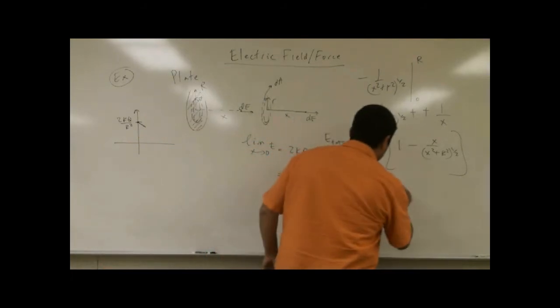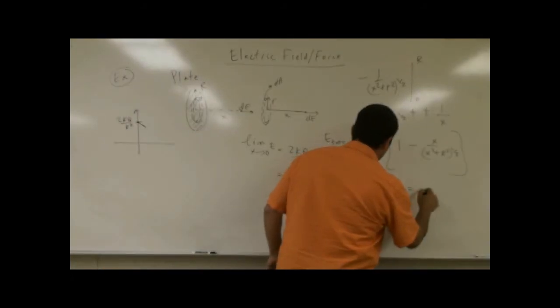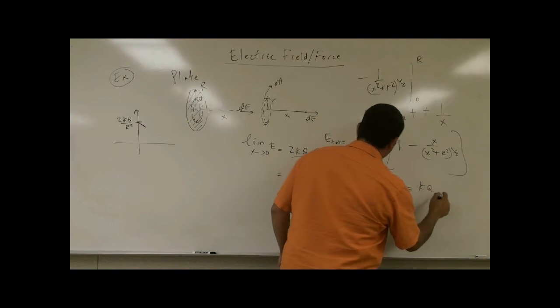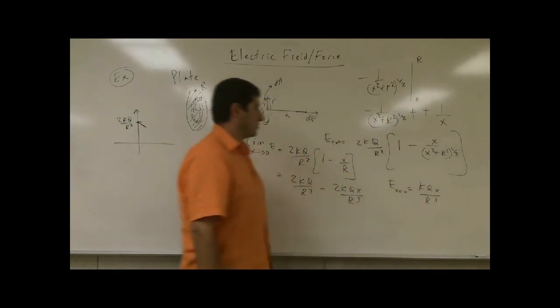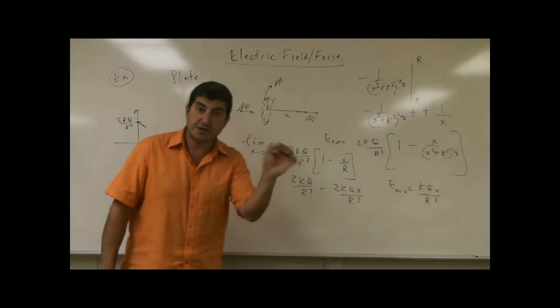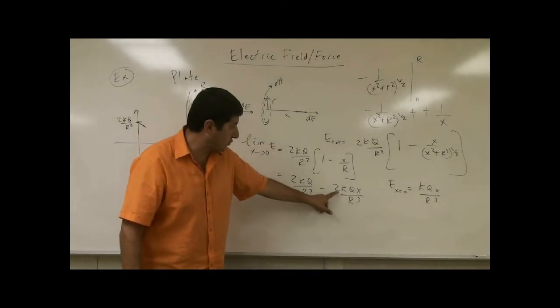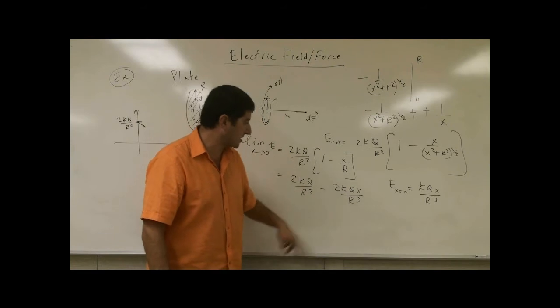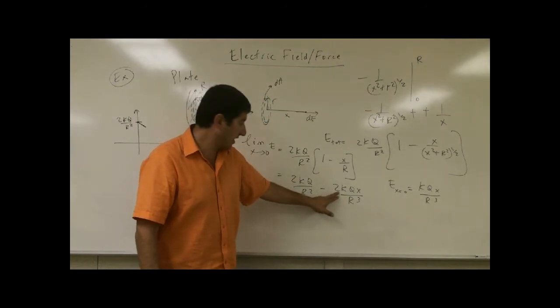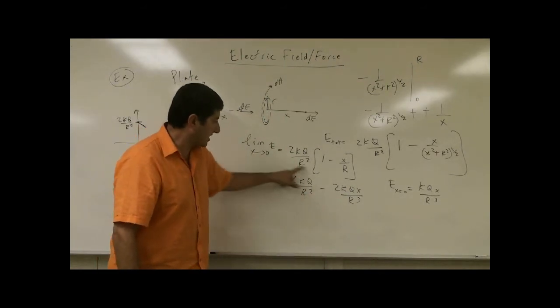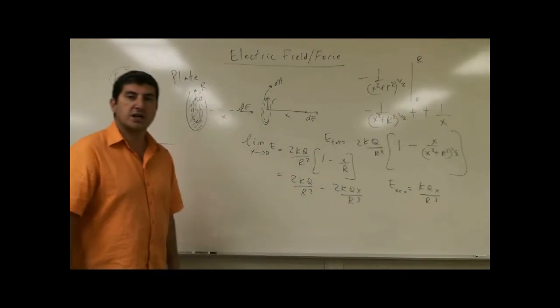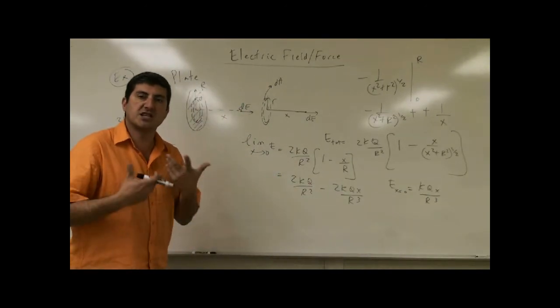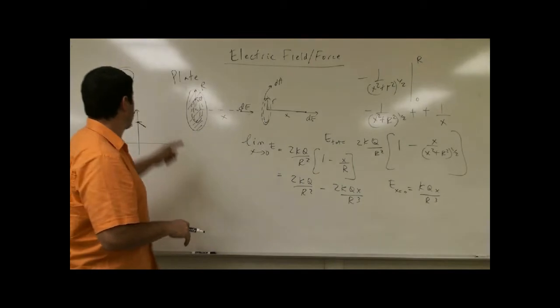For the ring, the electric field when x was 0, it was kq x over r cubed, okay? Near the center of the ring. Here you have 2kq over r cubed x. So it's double that, right? And there is this constant term. So that means even when the x is 0, there is still an electric field due to the plate.